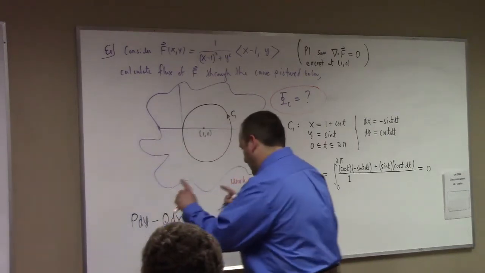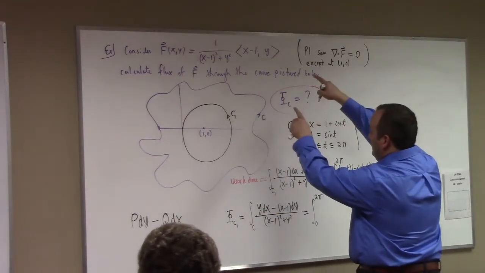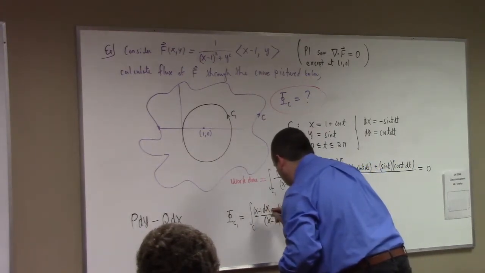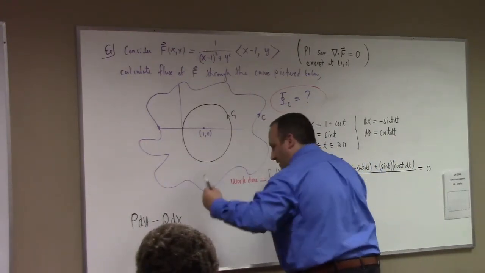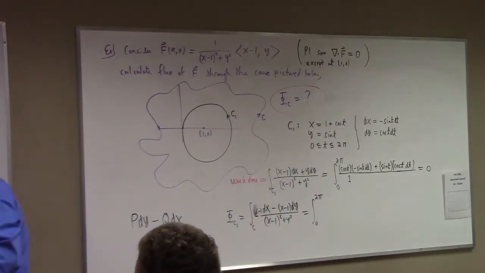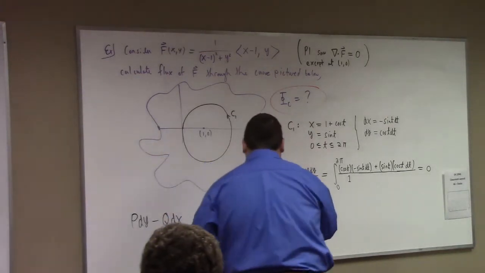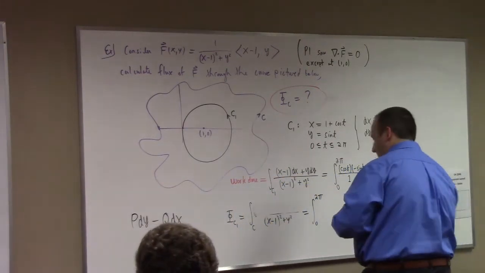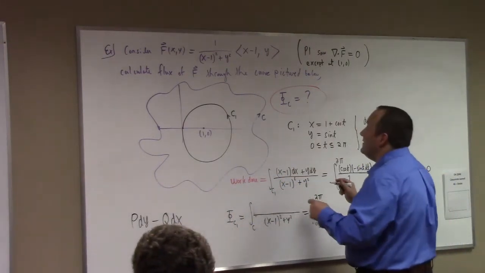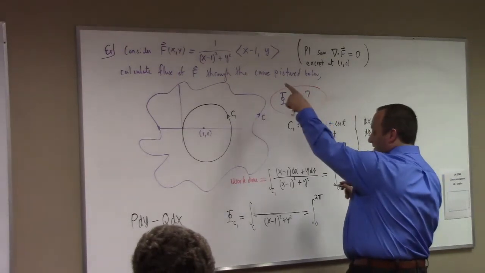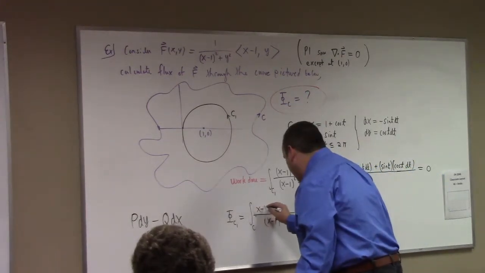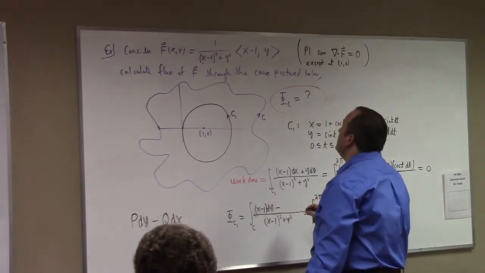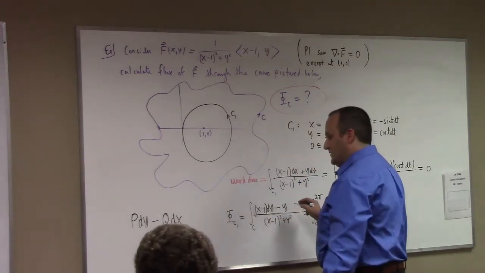All right. P is x minus 1. I'm sorry, guys. We will eventually get through this. P is x minus 1, dy, minus the Q, which is y, dx.